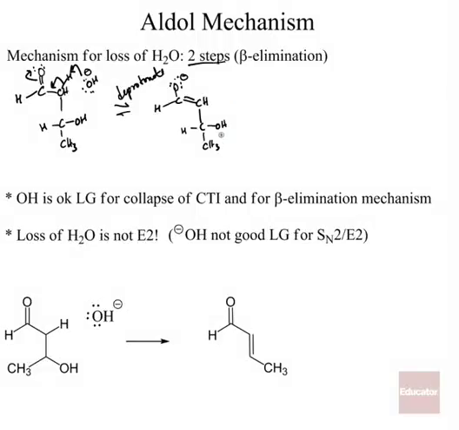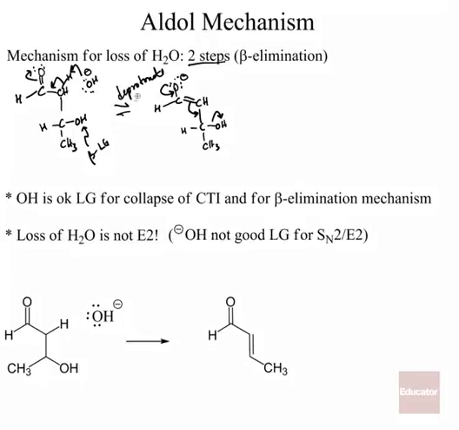But in this case, what we have is a leaving group that's in the beta position. Remember, the alpha position is the first carbon next to the carbonyl. The beta position is the next one over. And hydroxide can act as a leaving group. So when you have a leaving group in the beta position, that enolate will reform the carbonyl, shift this pi bond down, and kick the leaving group off.